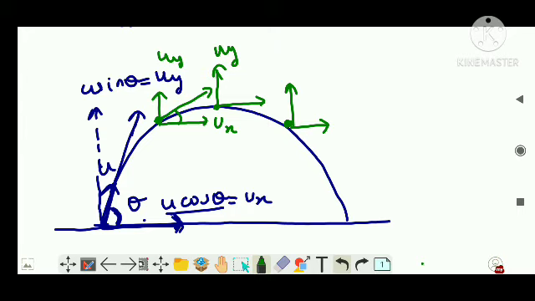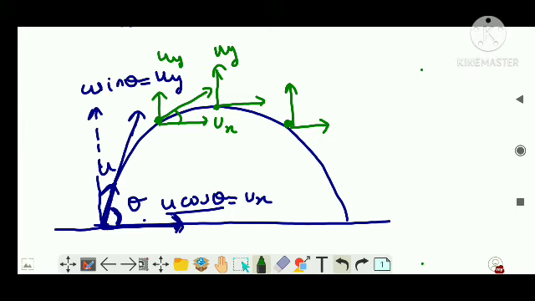So let us see the highest point. If I make a column, I can say initial velocity for the x direction is u cos theta, and initial velocity for the y direction is u sin theta. This much clear? Now what about acceleration? We talked about velocity, now I will talk about acceleration.